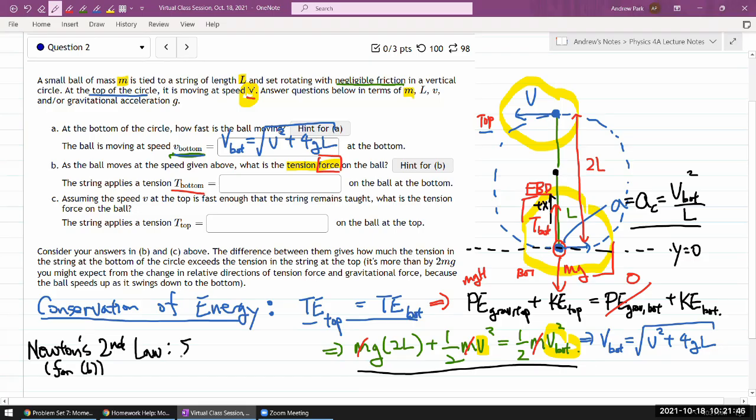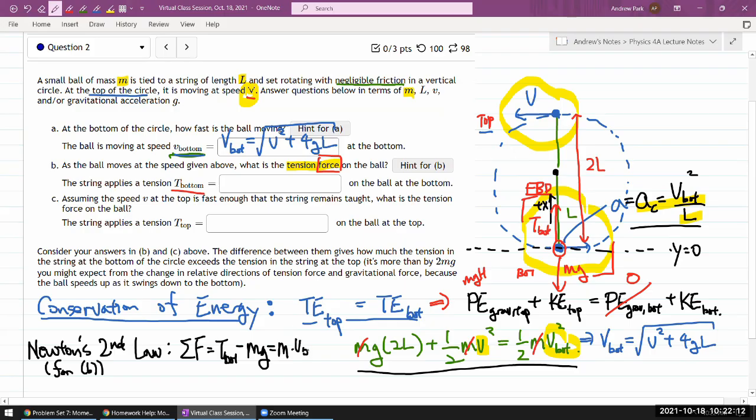I have my net force, which will be tension minus the gravity, mg, going in the opposite direction. That's equal to mass times acceleration, and I already wrote out what my acceleration is. So let me just write that down to simplify some of those steps.